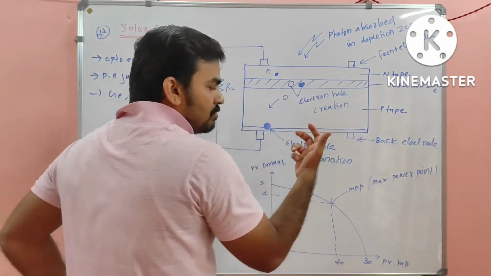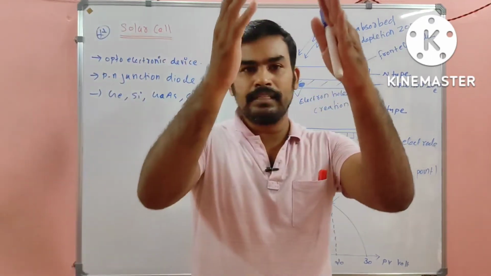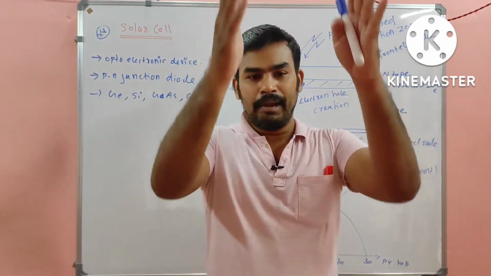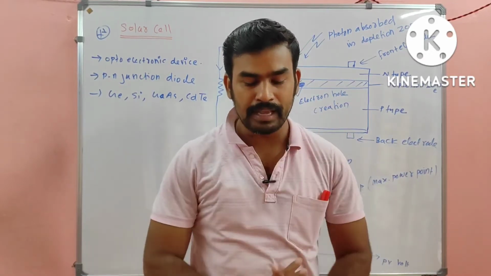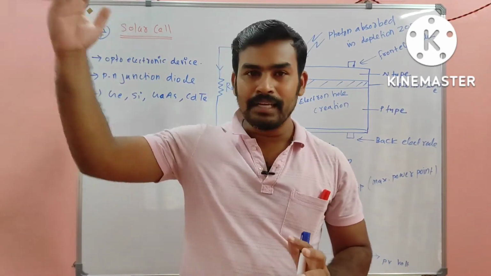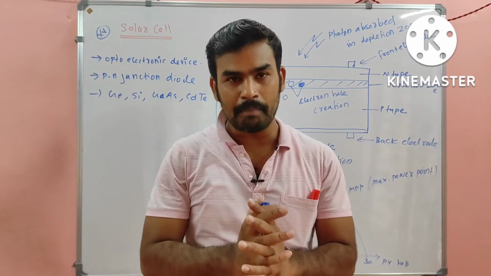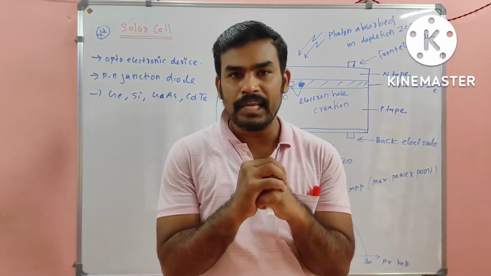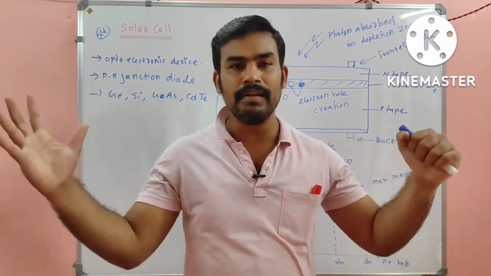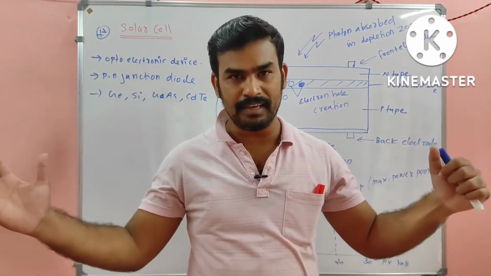And what happens there? The depletion region is nothing but a region containing the electron and hole recombined state. Whenever light falls on the depletion region, that combined state will break.